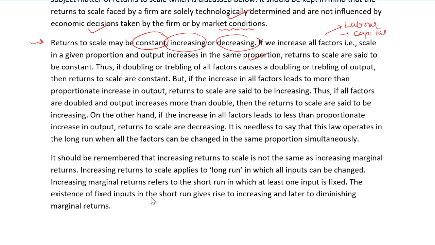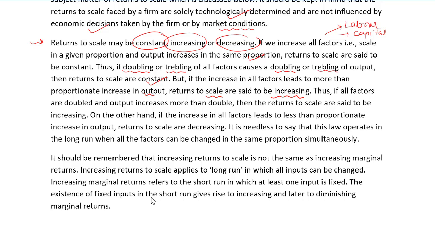Thus, if doubling or trebling of all the factors causes a doubling or trebling of the output, then returns to scale is constant. But if the increase in all the factors leads to a more than proportional increase in output, then we can say that the returns to scale is increasing.